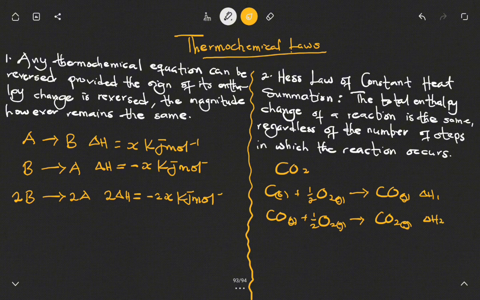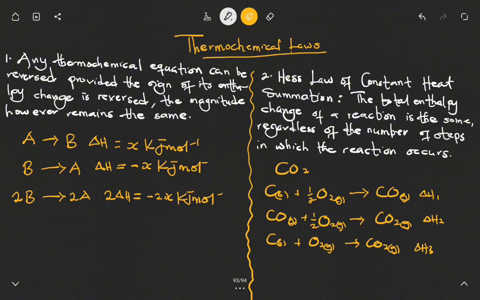Now we can have solid carbon with oxygen gas O2, and this would also give us CO2 gas. Let's say the enthalpy change here is delta H3.